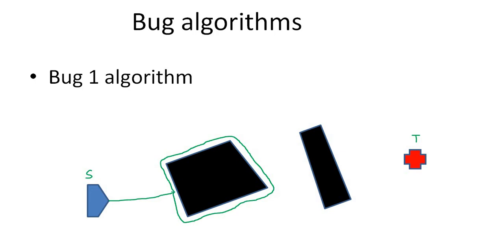So this was the point where it started to take the turn, and when it reaches here, in all this circular path around the obstacle, it calculates the distance of all these points to the target, and selects the point which is closest to the target.